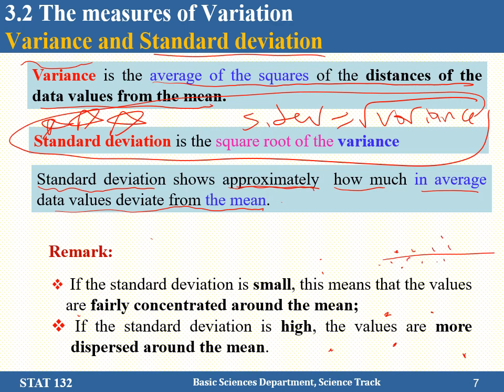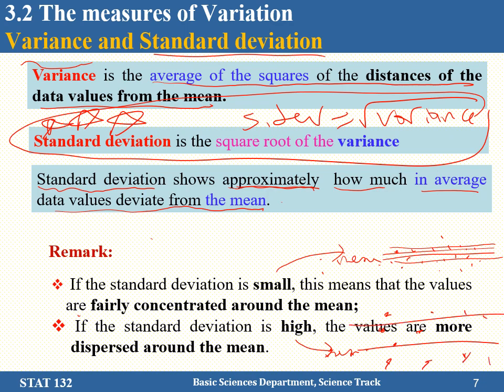Mostly they're close to the mean. There might be some others here, but they're mostly close to the mean. And if it's high, it means you have the mean here, but the data values are mostly further from the mean. They have bigger distances.